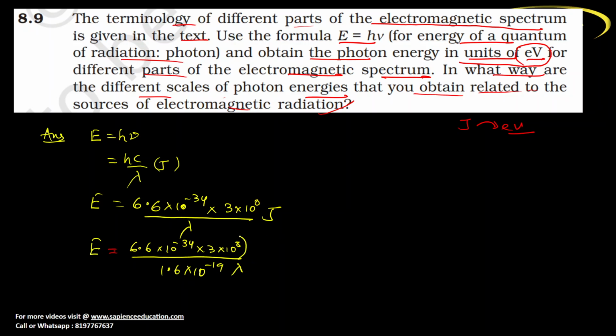So when you calculate all this, since we have already derived it in electron volt, energy E is equal to 12.37 into 10 to the power minus 7 divided by lambda, in electron volt.